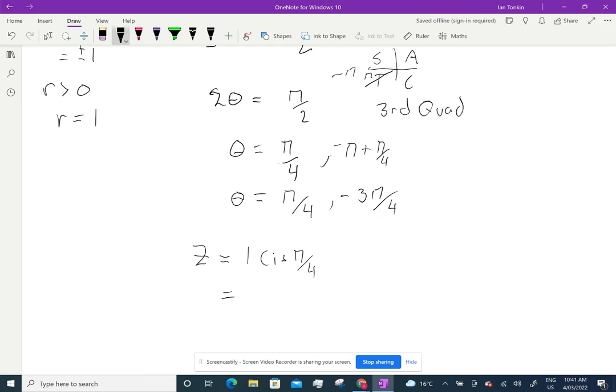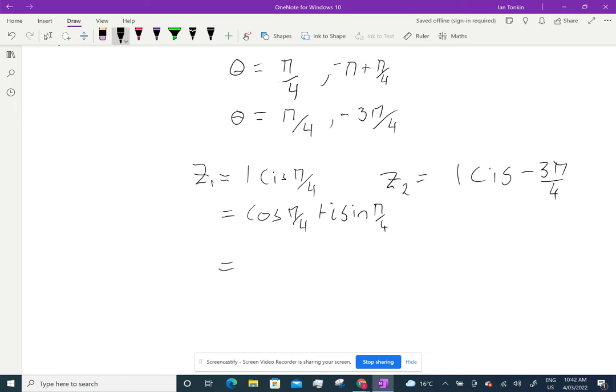Or the other root, we'll call that z1, and we'll call this other root z2, is 1 cis minus 3 pi on 4. Well, cis pi on 4 is just going to be cos pi on 4 plus i sine pi on 4, which is 1 on root 2 plus 1 on root 2 i.